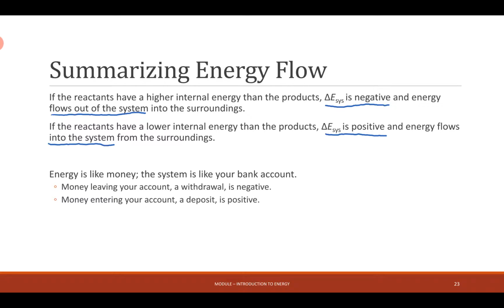So energy is like money again. If money is leaving your account, you might end up with a negative account balance. If money is entering your account, then you have a positive increase in your account balance.